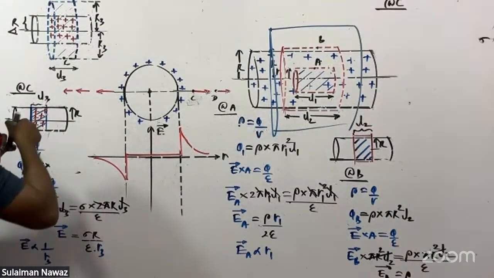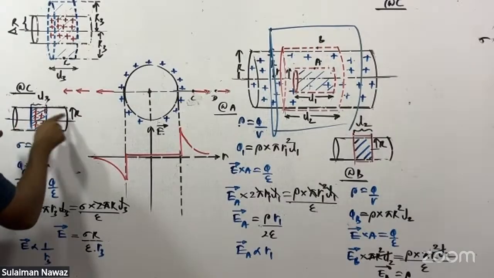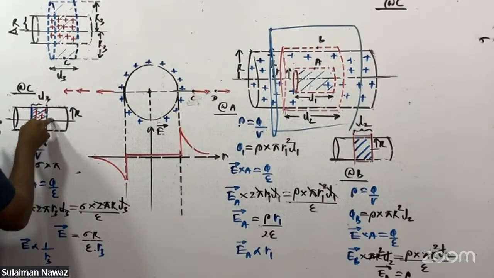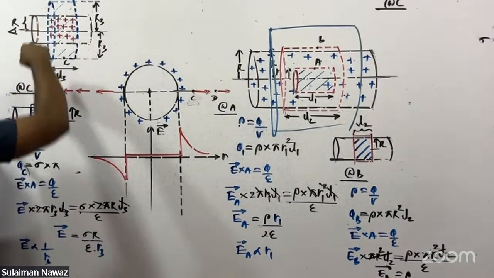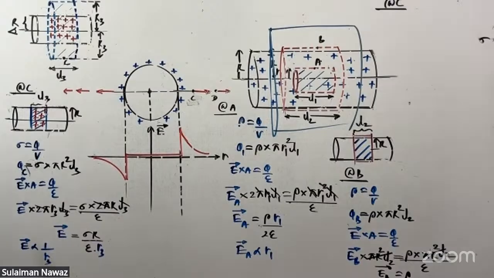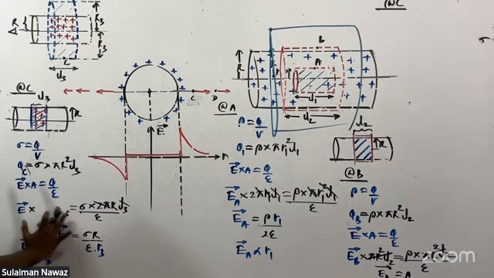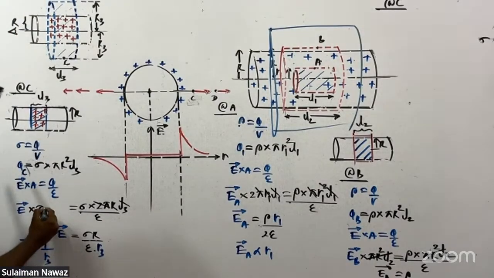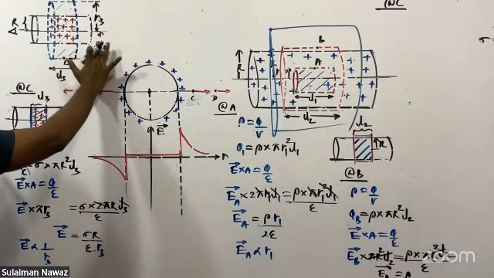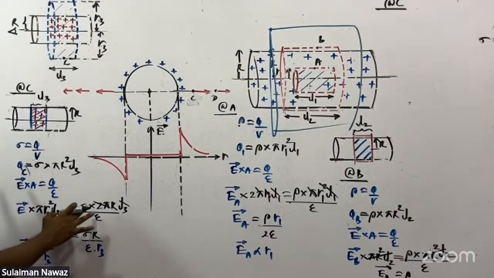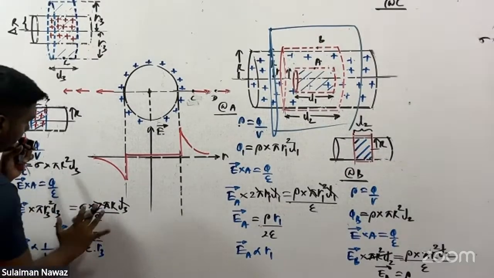This volume is going to be pi capital R squared into L3, the volume of the cylinder covered by the Gaussian surface. Then the Gaussian surface area, the blue color Gaussian surface area, is going to be pi simple R3 squared into the height L3. It must be equal to sigma into pi R squared L3.